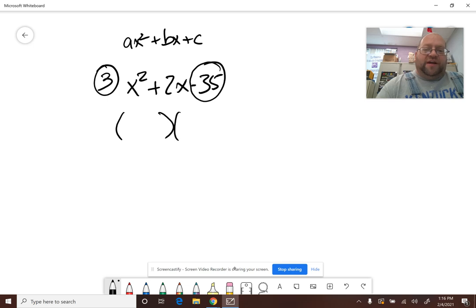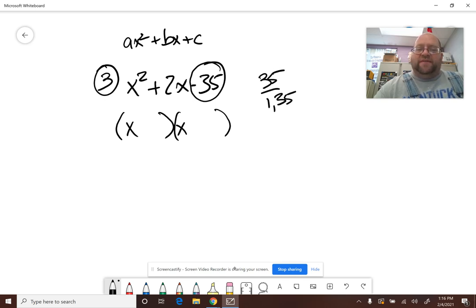We know we're going to be trying to find two binomials. We know that we're trying to find x squared, so that would be x times x. You kind of see a pattern that starts repeating. Now I need to find the factors of 35. So 35 would be 1 and 35, and let's see, 5 and 7, right? 5 times 7 is 35. Those are the only factors that we have of 35.